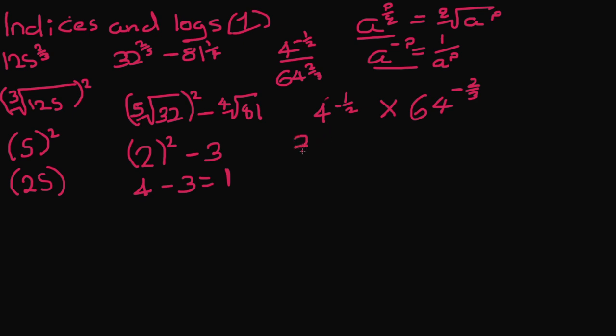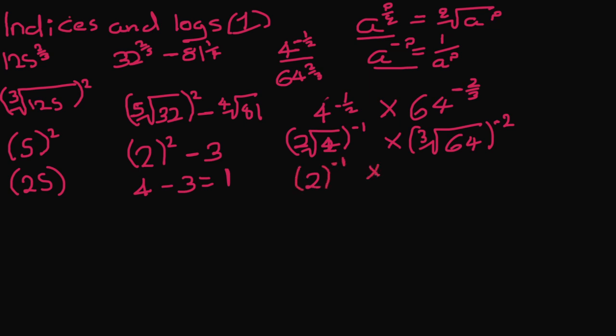Square root of 4 to the power of minus 1 multiplied by cube root of 64 to the power of minus 2. Okay, so that would be 2 to the power of minus 1 multiplied by 4 to the power of minus 2, because the cube root of 64 is 4.